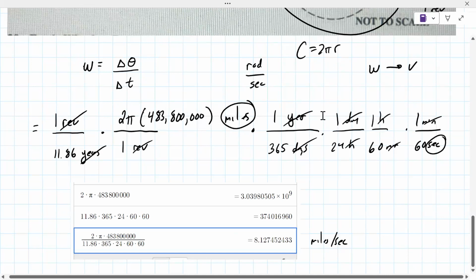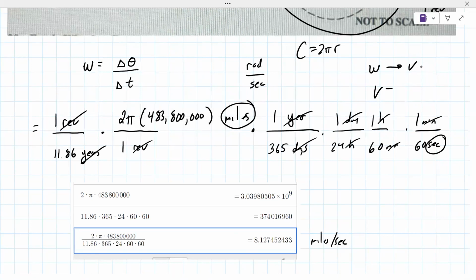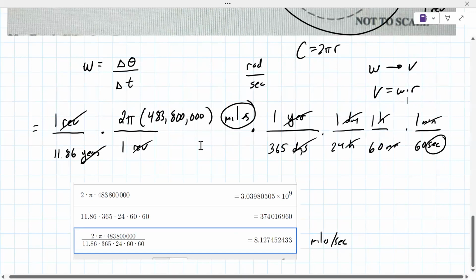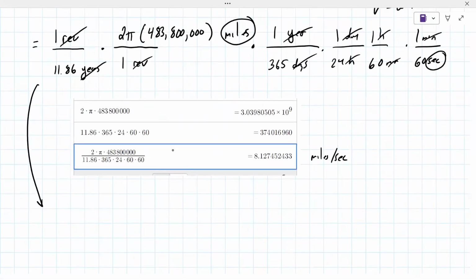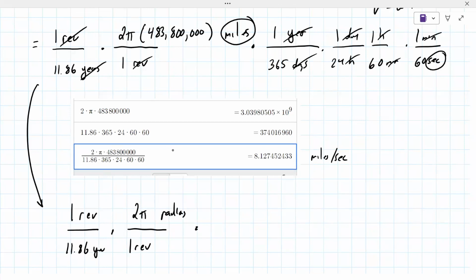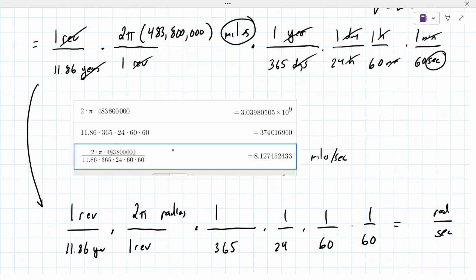So the W would not include these miles, but you can include it if you're trying to get V, because V is W times R. What I should have done is one revolution is 11.86 years, times one revolution is 2 pi radians. And then the rest of this would have stayed the same. And so your answer here would have been in radians per second.